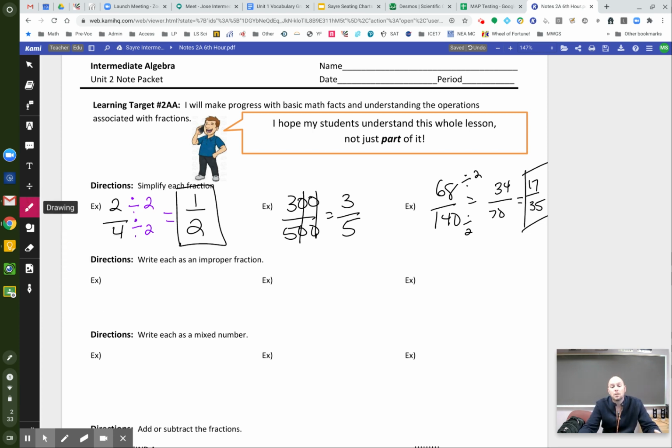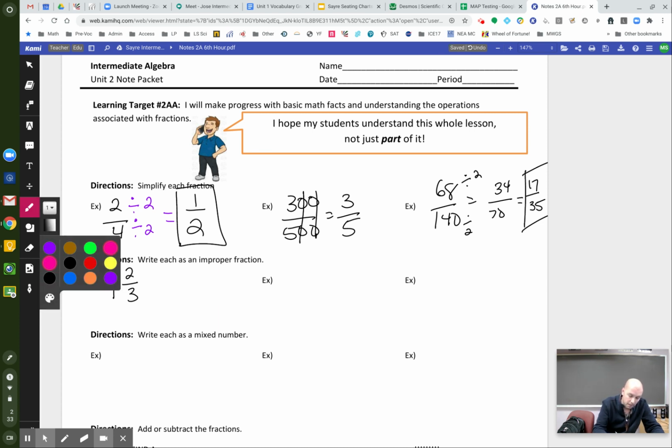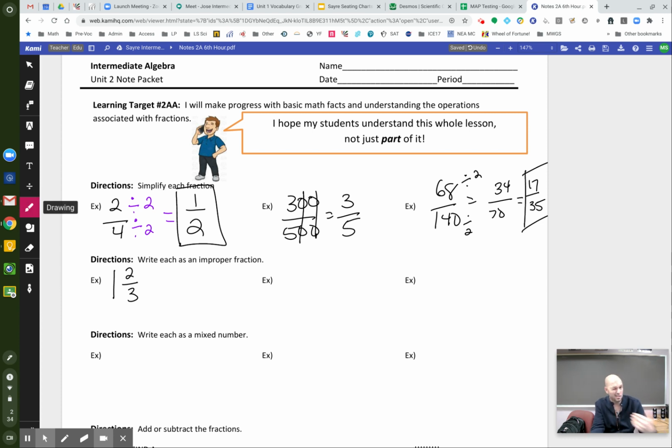All right. Next step is writing mixed numbers as improper fractions. So if I have 1 and 2/3, and you may remember this, it's kind of like going way back, you guys have been doing this for a while, I'm going to multiply the bottom times that number, and then I'm going to add the top.